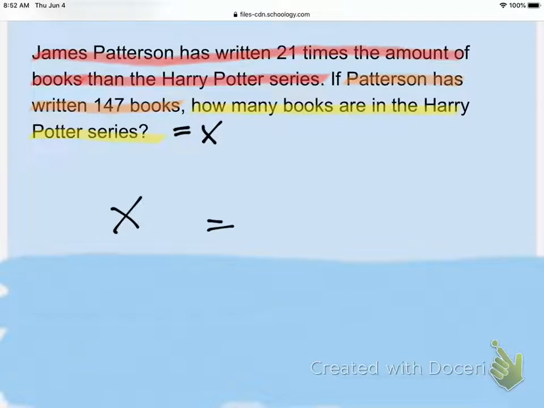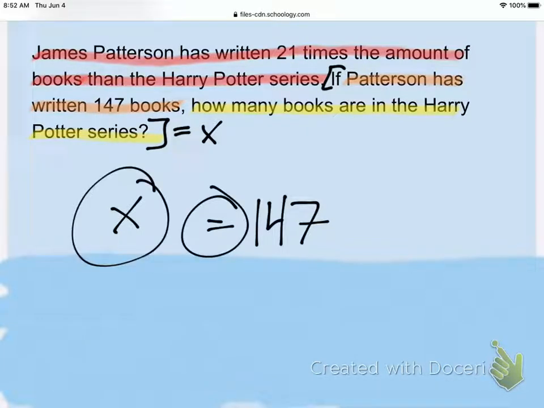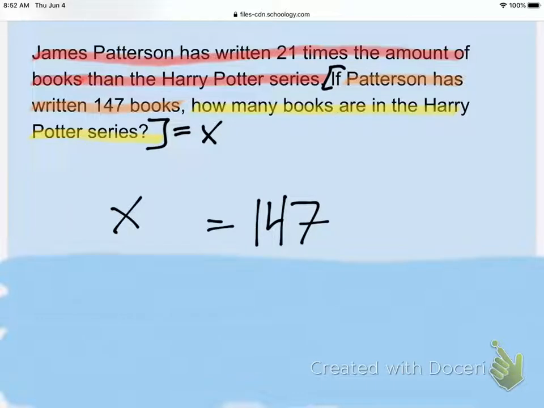Yes, Fernando, Izzy, Jasmine, Angel, Hannah, and Ani, it is 147. Typically too, notice how there's the comma. It's one sentence, so it's the if, then, right? So we have something X equals 147.